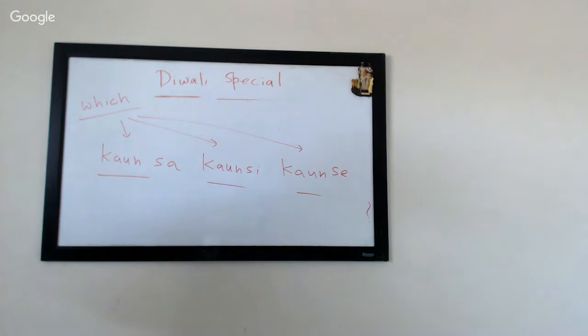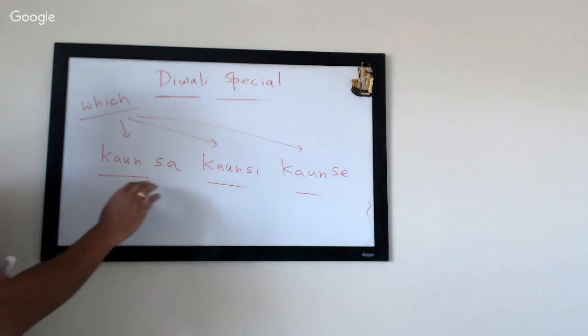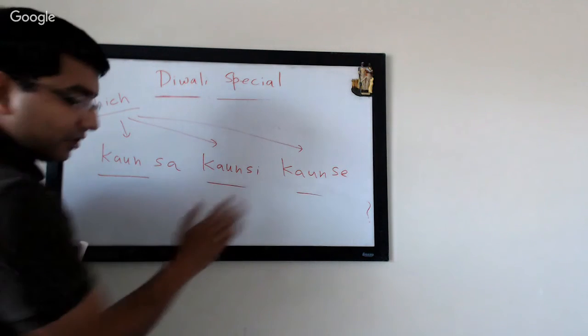If you can just make sure that you are muted, there's some background noise. So it's कौन सा, कौन सी, and कौन से.